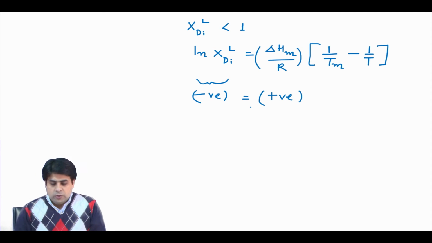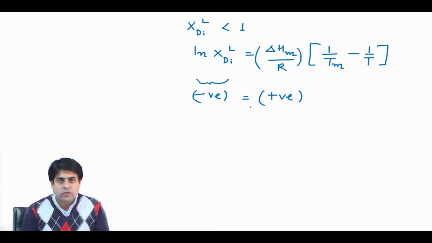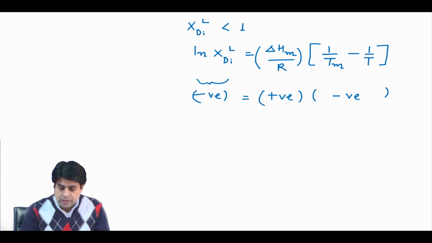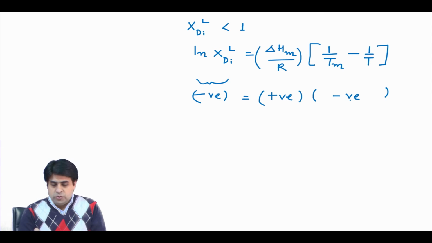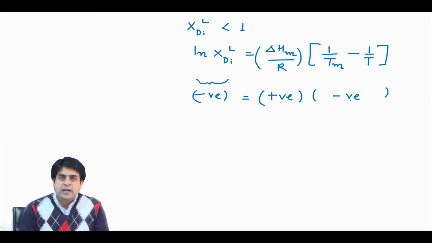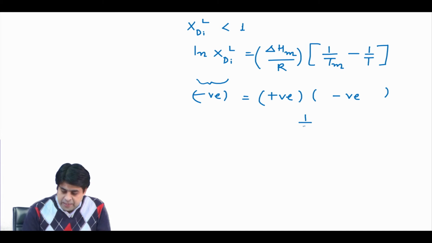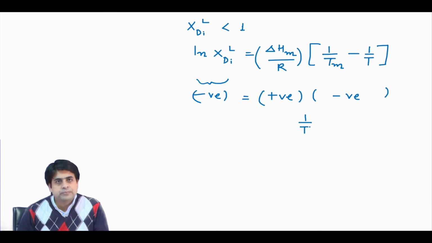Okay. So, if this term is always positive and the left hand side of the equation is negative, it means that this term should be negative. Clear? So, this term should be negative. How can we get this term negative? When we have 1 by T that should be negative. Okay.